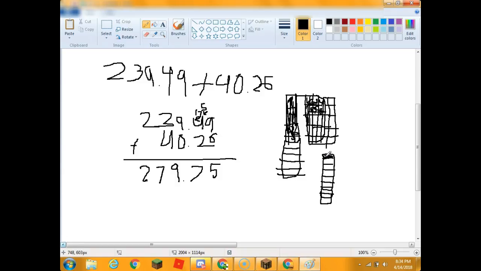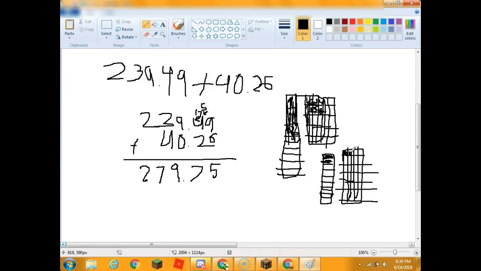So you shade in 2, and let's make the hundredths grid, which is like this. Not exactly, but approximately.